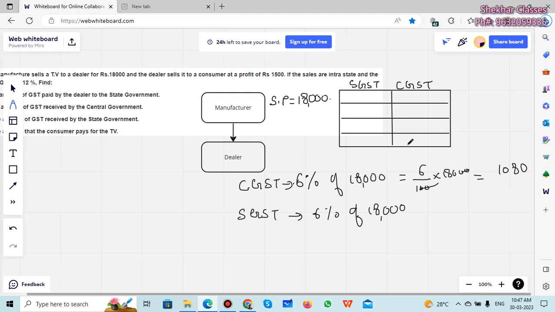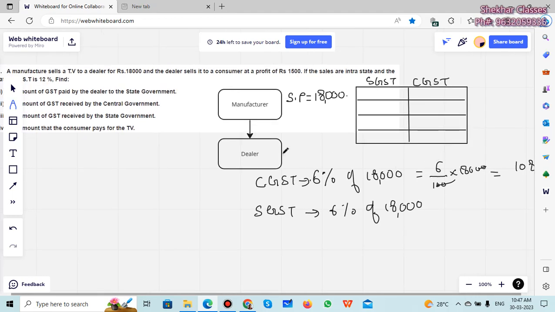So this amount of tax will be paid by whom? The dealer to the manufacturer. So this is for dealer to manufacturer. How much? 1080.